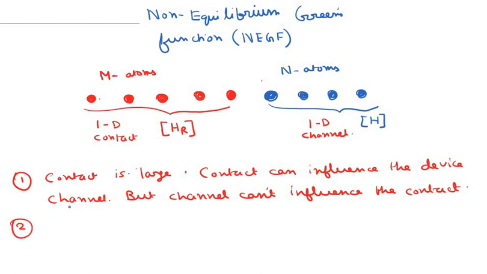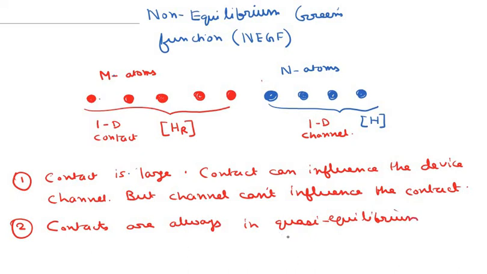And point number 2 is that since these contacts are large, contacts are always in quasi-equilibrium. We will see why the second point is important later, but the assumption of quasi-equilibrium contacts is valid because the contact is large compared to the device channel.